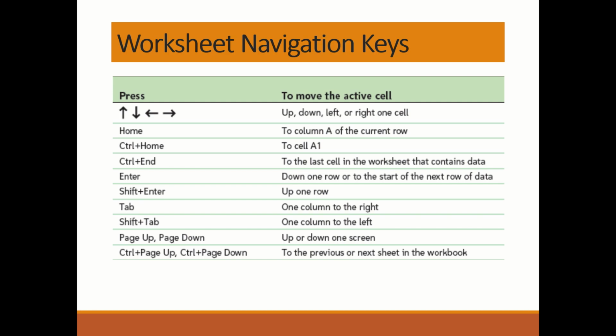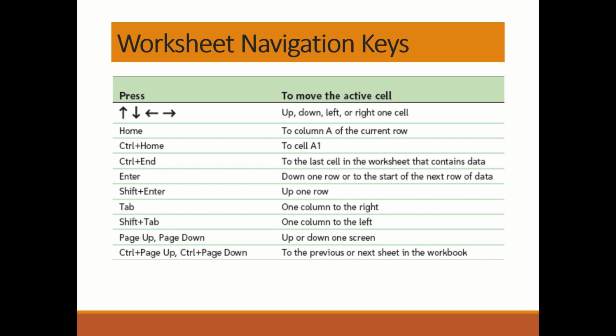And worksheet navigation keys. When you are in a workbook, if you want to move from one cell to another cell, you can use the arrow keys, that is left arrow key, right arrow key, up and down. Then if you want to get to the home, that is column A in the current row, Control plus Home.